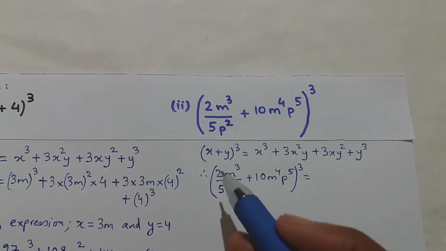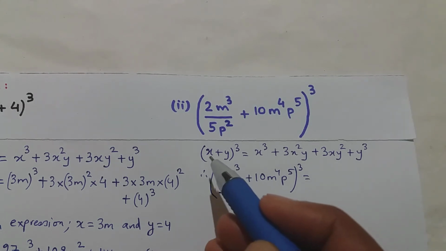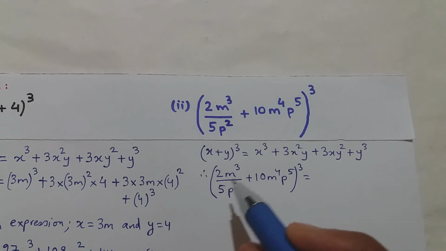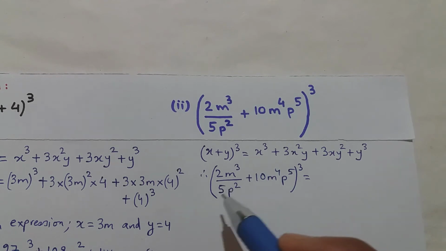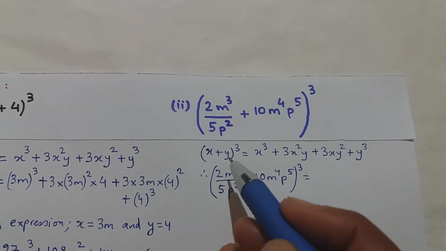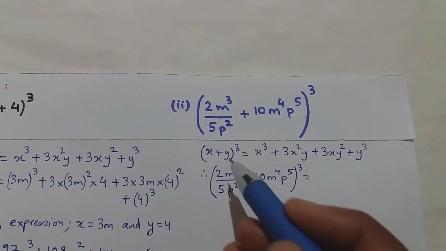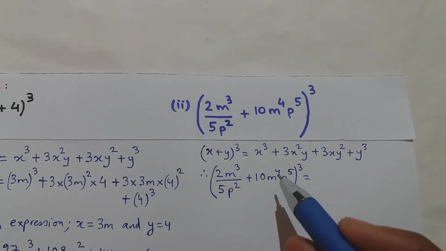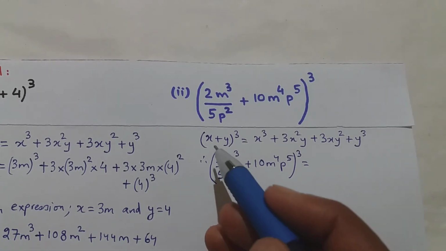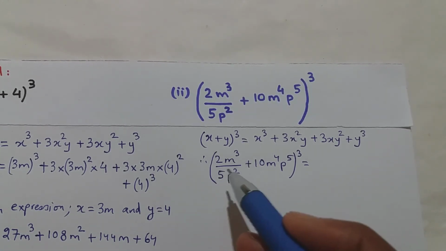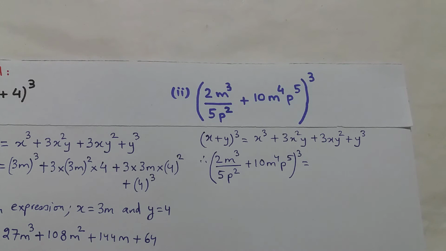So x is equal to 2m cube upon 5p square and y is equal to 10m to the power 4 p to the power 5.